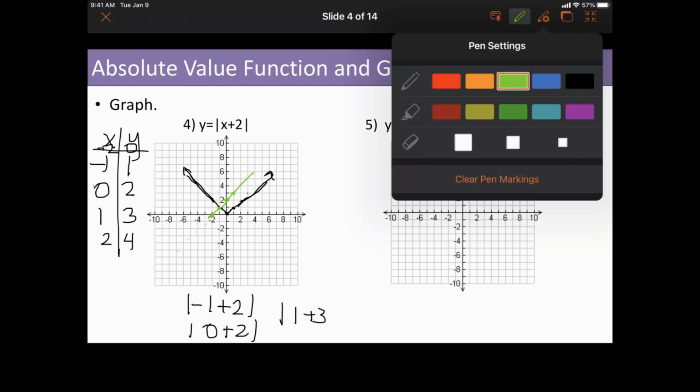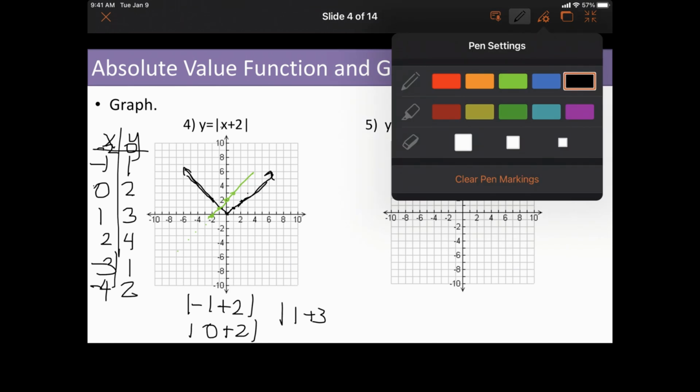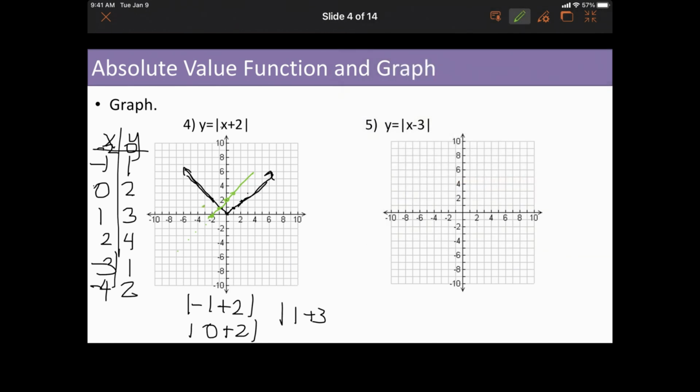Well, let's look. So if I put in -3, -3 plus 2 is -1, absolute value is +1. -4 plus 2 is -2, absolute value is +2. All right, so -3 gives me +1, and -4 gives me +2.